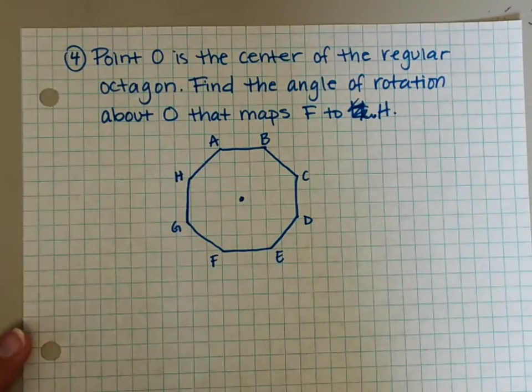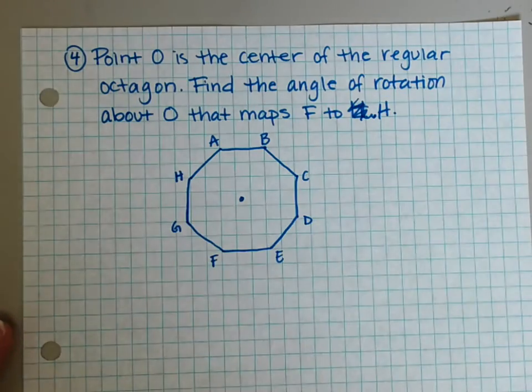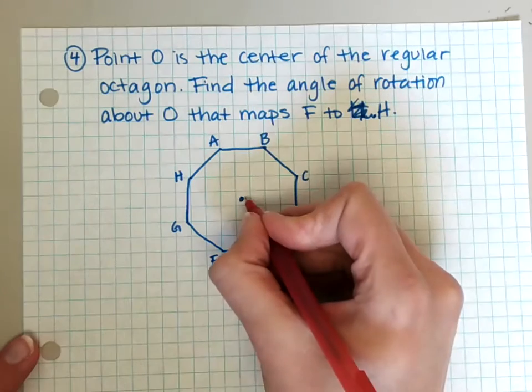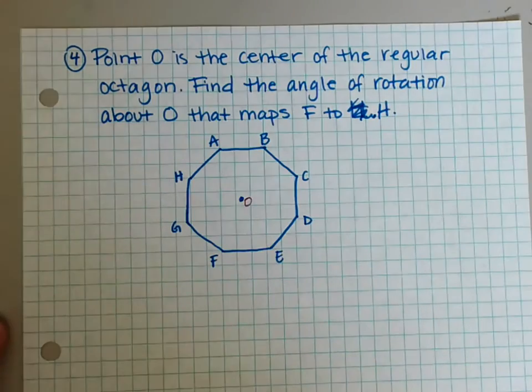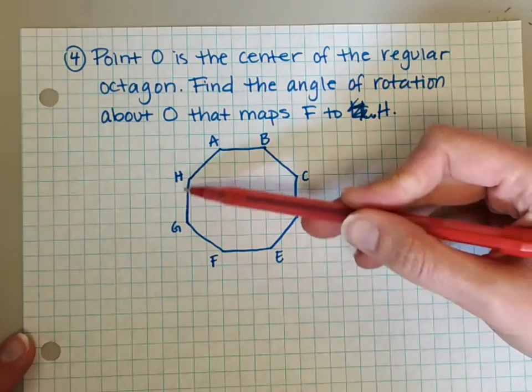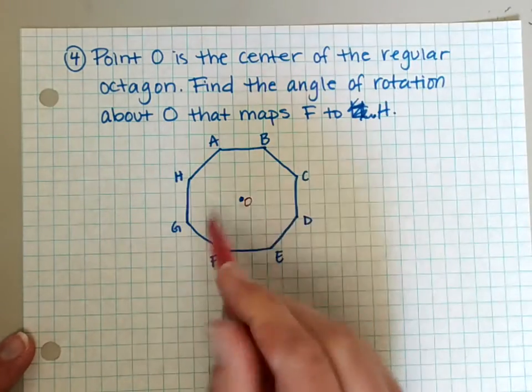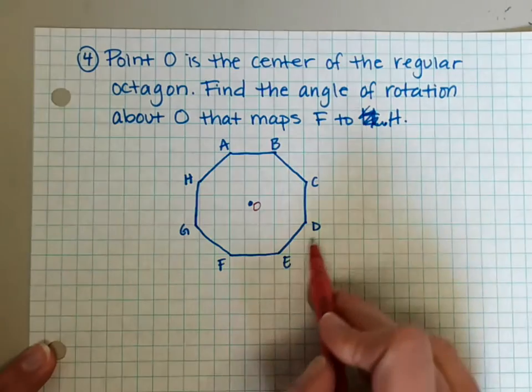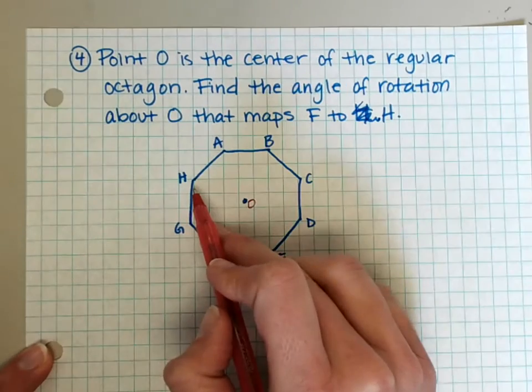Okay, you will get into questions that ask you to find angles of rotations when they don't tell you. So in this example, point O is the center of the circle, or of the figure, so I can label this point O. It's the center of the regular octagon. Octagons have 8 sides. Find the angle of rotation about O that maps F to H. So we want to know, how far do I have to rotate F so that it lands on H?